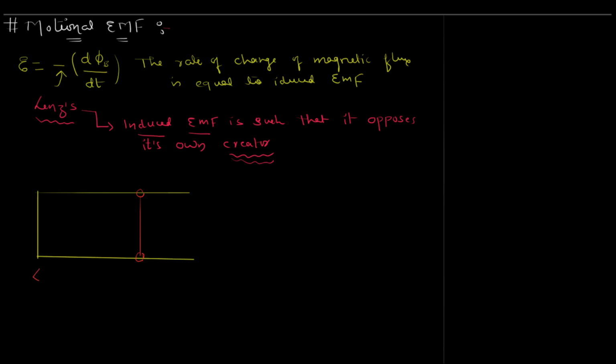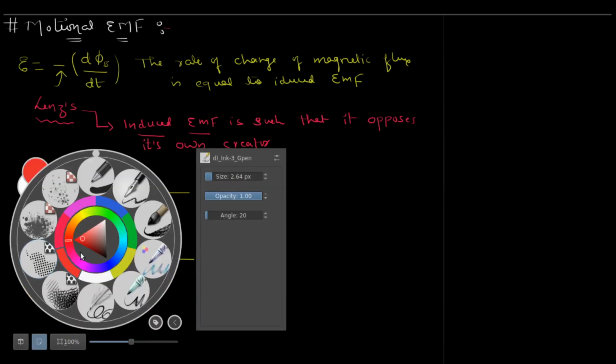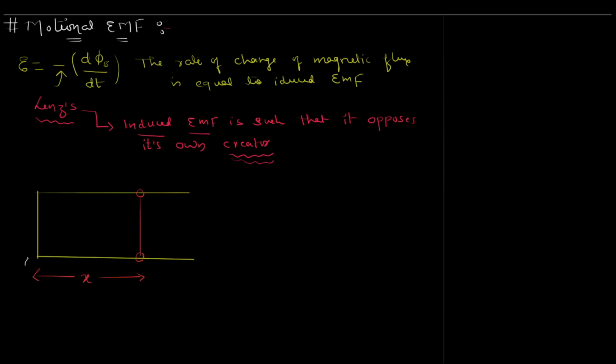This length right here is x, the distance of the snapshot. Let's say this rod basically can slide, but let's say when we were doing this particular thing, the motional EMF experiment, right now the rod was at a distance of x from this end. Let's name this end AB. So basically the CD end is at a distance of x from the AB end, and this can move basically.